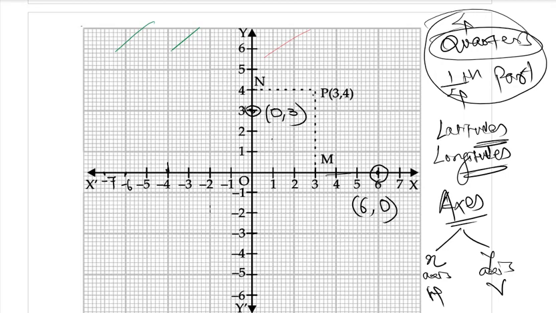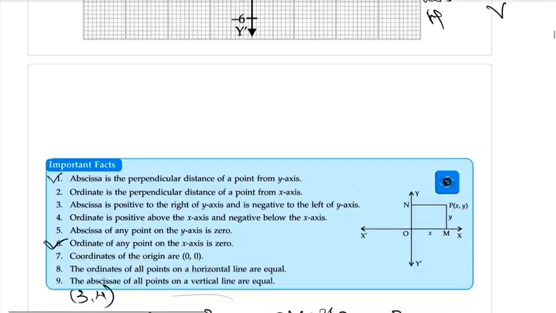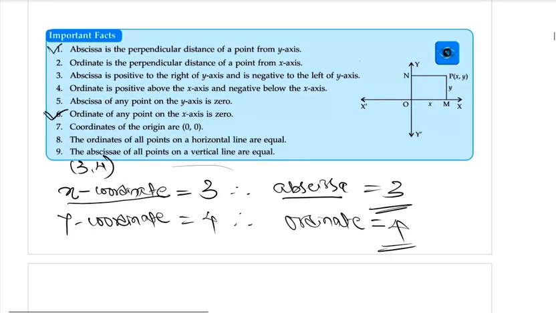Its abscissa is 0. So the abscissa of any point on the y-axis is always 0, and the ordinate of any point on the x-axis is always 0. In other words, the x coordinate of any point on the y-axis is always 0, and the y coordinate of any point on the x-axis is always 0. These are points number 5 and 6.